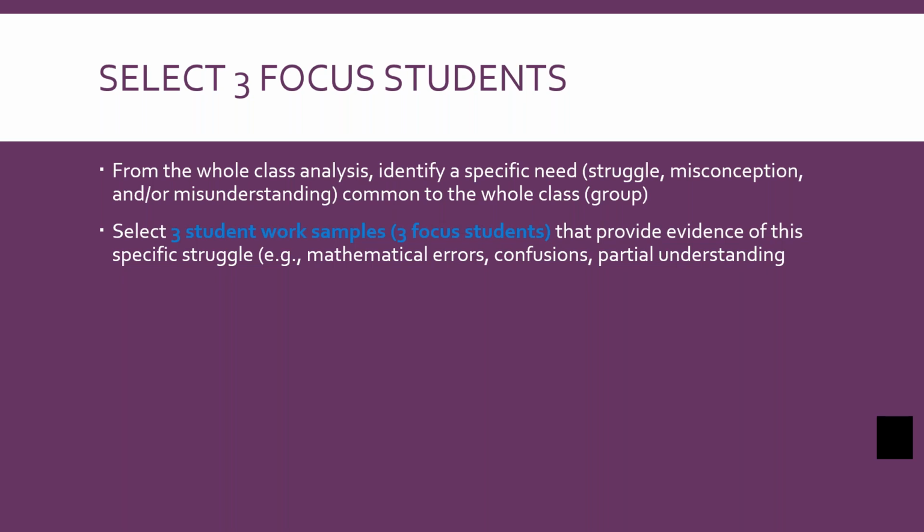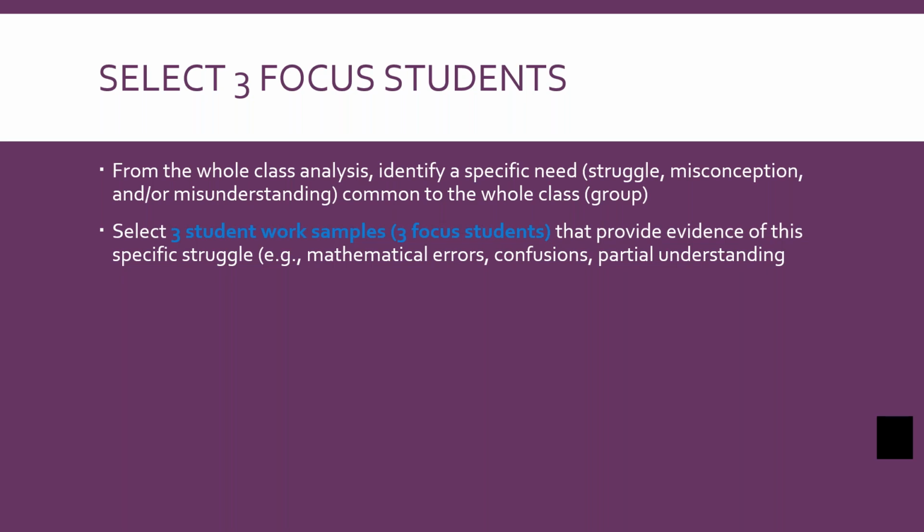Now, when we're analyzing the assessments, we will need to use 3 focus students. So we're going to select 3 focus students with a specific need. Like I said earlier, maybe you saw Sally and Johnny and Jane all demonstrated the same error.